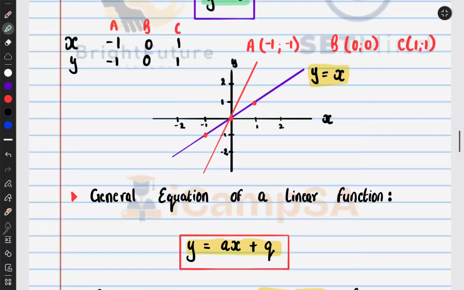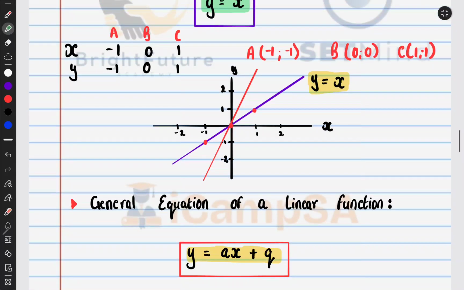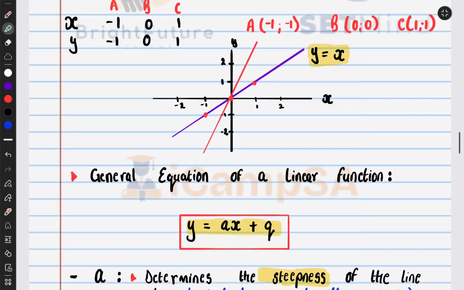Our function will now be reflected. Just remember that mother function. What will happen if we now have a negative value of a?